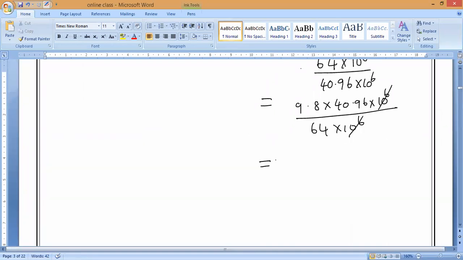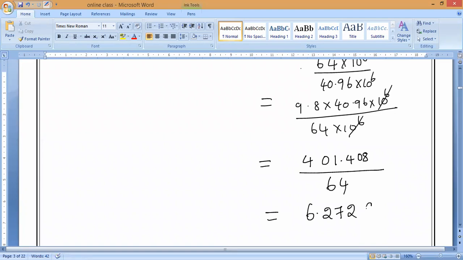So 9.8 into 40.96 will come around 401.408, divided by 64, you'll get 6.272. So this is the G value.